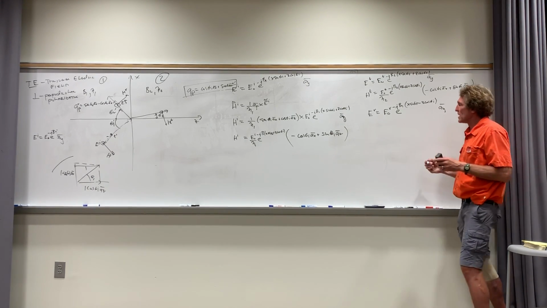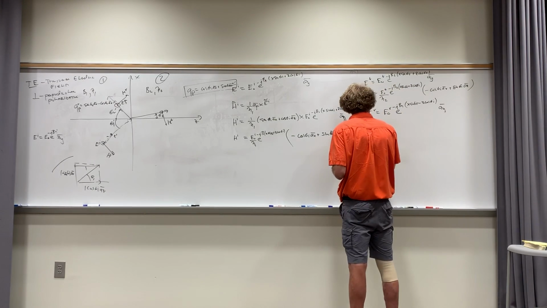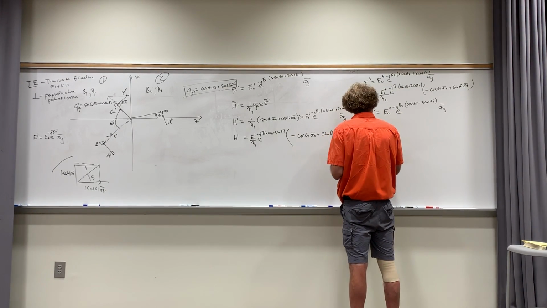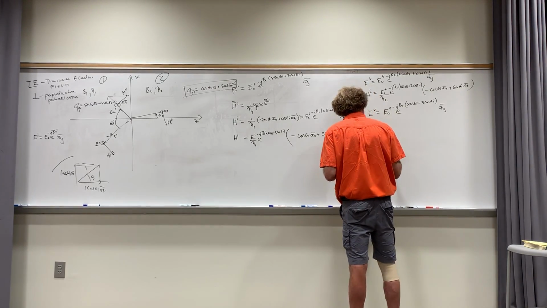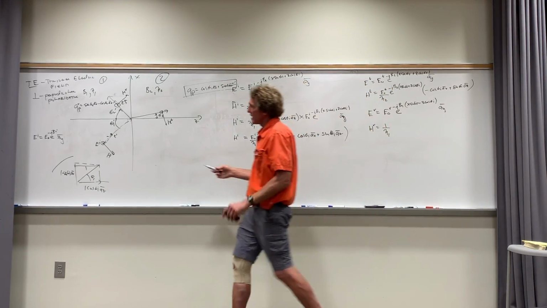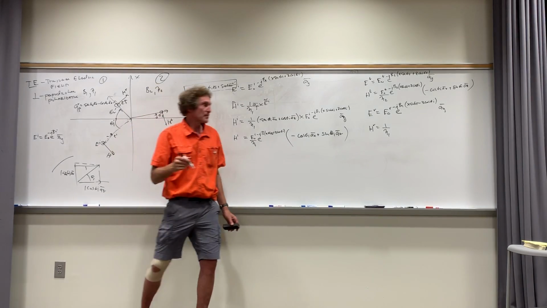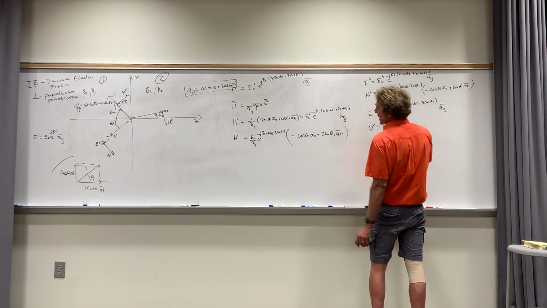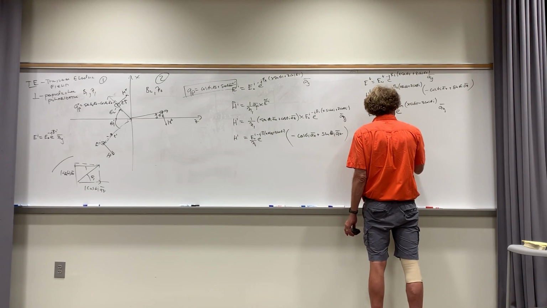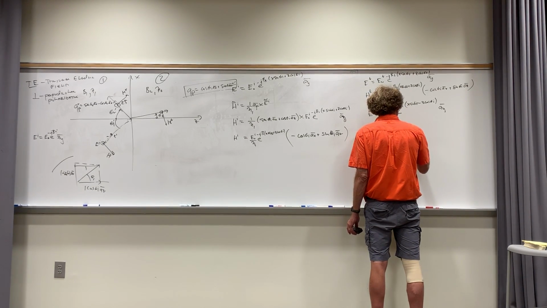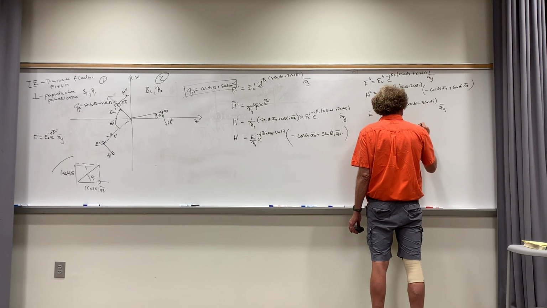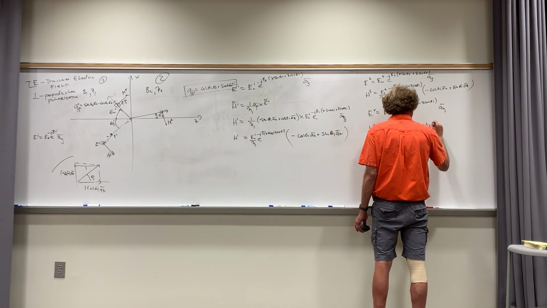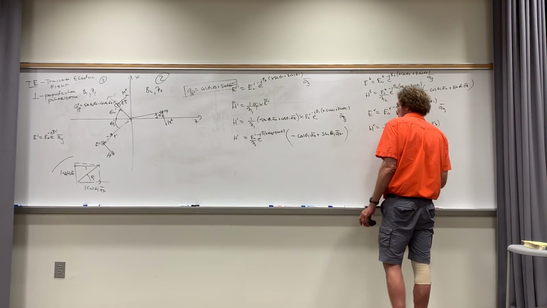That's the important part. Now to get the H field for this, H field reflected, it's going to be again 1 over eta 1. Unit vector in the direction of propagation has got that negative sign here. You don't have to do this all the time. So I have sine of theta reflected ax minus cosine of theta reflected az, right?